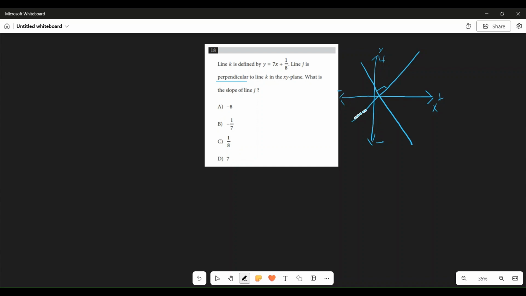So what we notice is this one is increasing at the same rate as this one is decreasing. So what is the relationship between their slopes? Basically, as the slope of this first line increases, this second line decreases at the same rate.